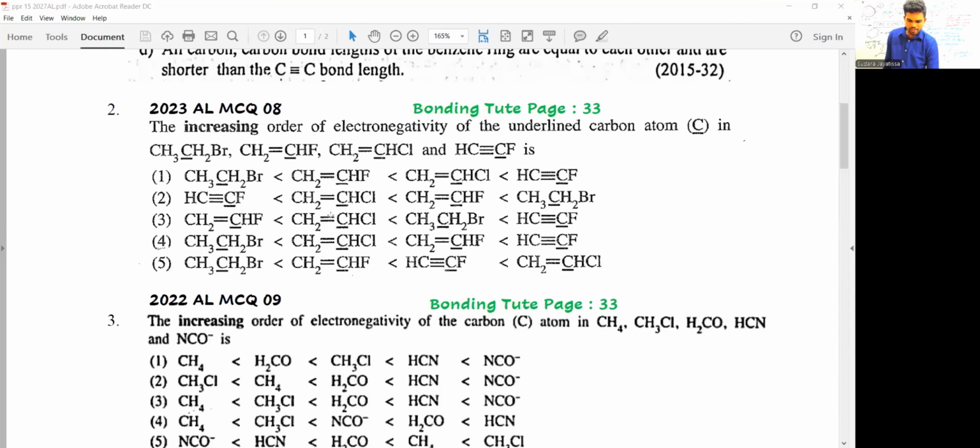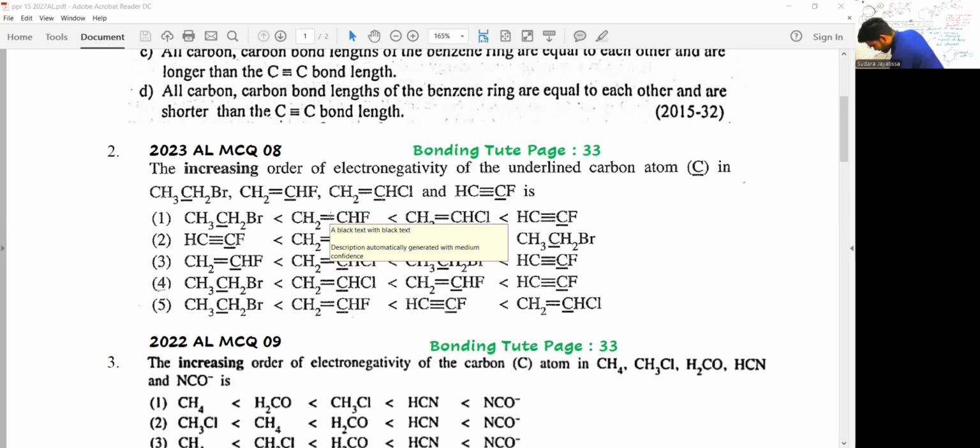Another important theory we discussed in our previous theory class is electronegativity variation, the electronegativity variation of a given element. If I simply remind you, the Pauling scale assigns specific or constant numbers for electronegativity.